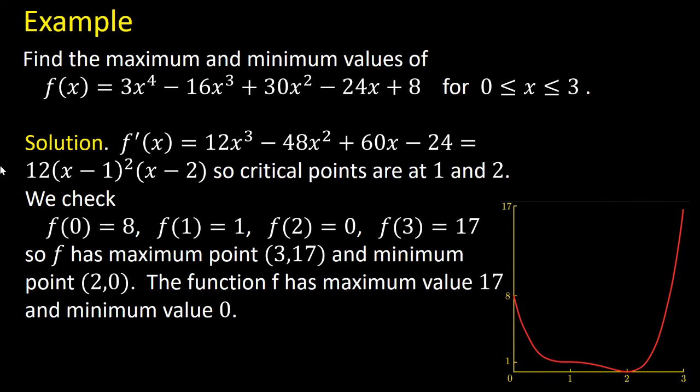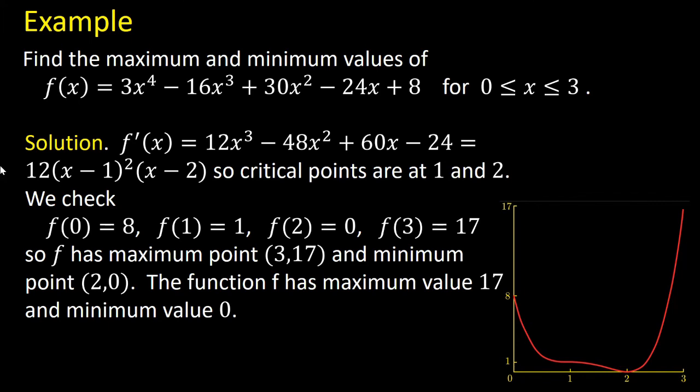And here's another thing to observe in this case. If you look at f of 1 equals 1, that point 1, 1 on the curve, that is a critical point, but it is not a local maximum, and it is not a local minimum. If you look at the shape of the graph, you can even convince yourself here that 1, 1 is not a local maximum, it's not a local minimum.